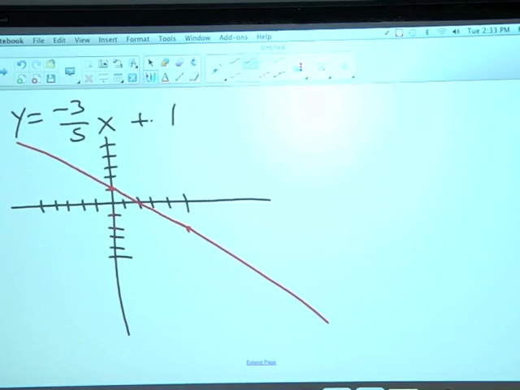Again, if I was going to do that by picking numbers for x this time, the numbers I would pick are 0, which is usually a good number because anything times 0 is 0, and then the next number I would pick would be 5.